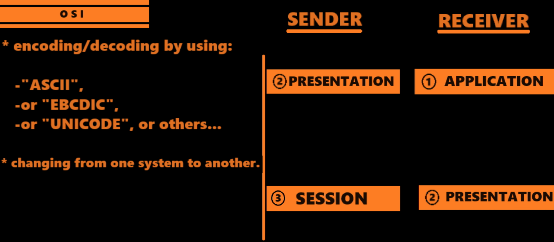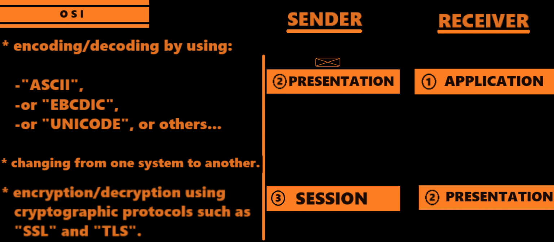In case that the sender and the receiver are using 2 different coding systems, the presentation layer will change the message from one coding system to another. It also has the function of encrypting the message when sending it to ensure its security and decrypting it when receiving, through using cryptographic protocols such as SSL, which stands for Secure Socket Layer, and TLS, which stands for Transport Layer Security.